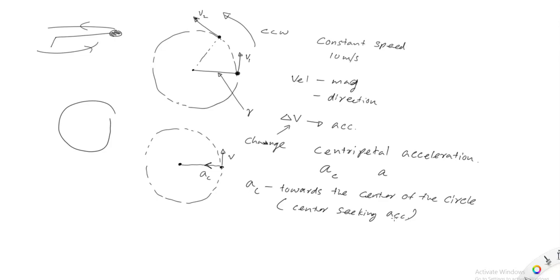Now, what's the magnitude? If there is an acceleration, it should have a direction plus it should have a magnitude. How do you find the magnitude? Here the magnitude of the velocity does not change. It's v here, and the next instant it's like this. The only thing changing is direction.